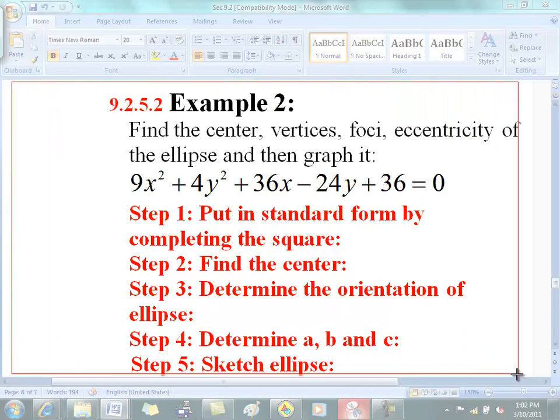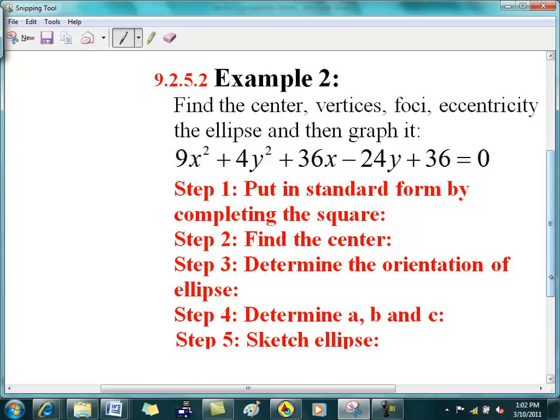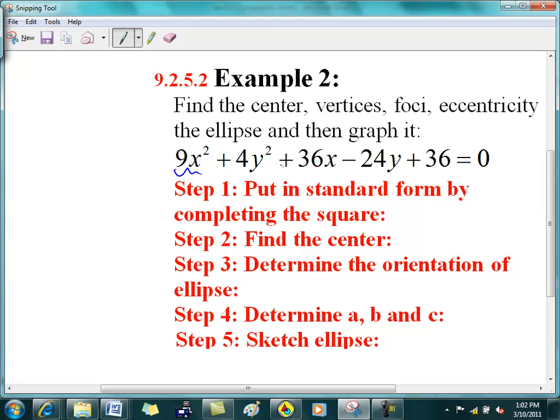Let me get you started on this and then you guys will finish it. What you want to do is combine this guy and pull a 9 out of there because you're going to be completing the square. So you're going to write this as 9 times x squared plus 36x, and then you're going to put some stuff there, and you're going to pull a 4 out of the other guy.